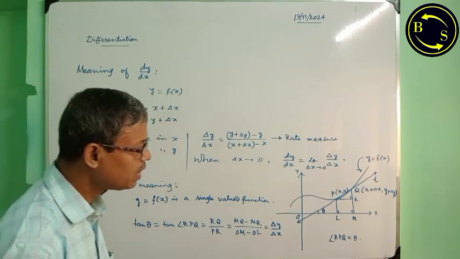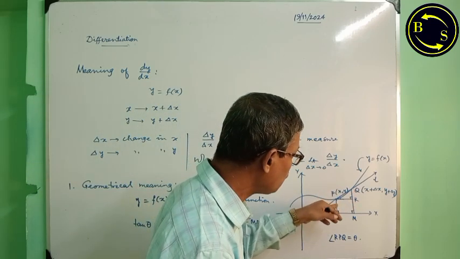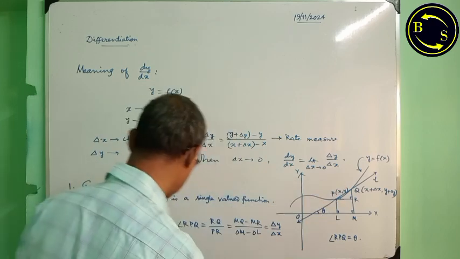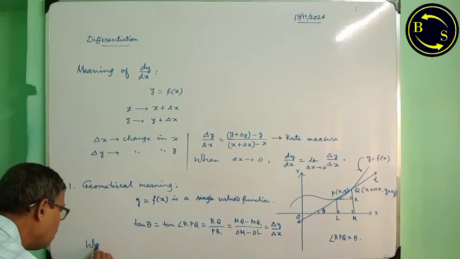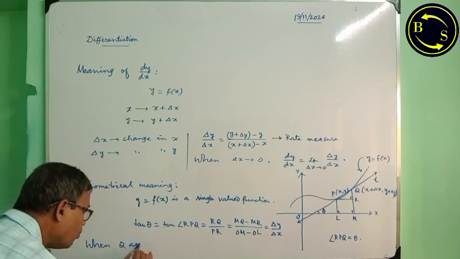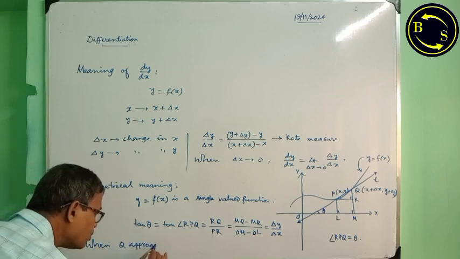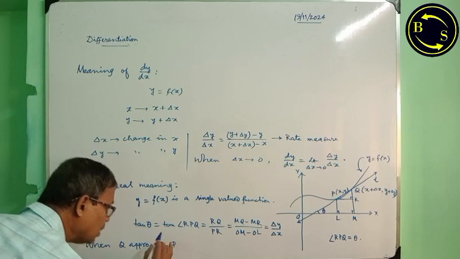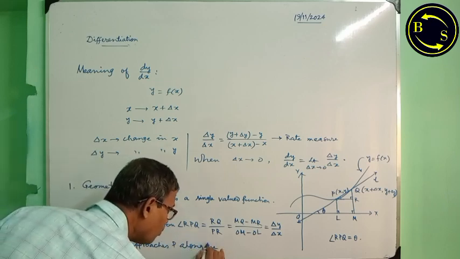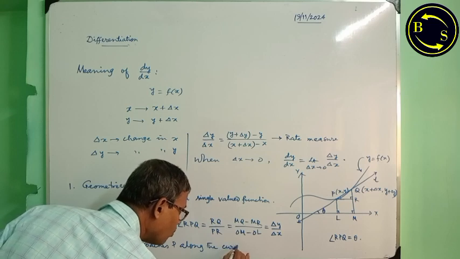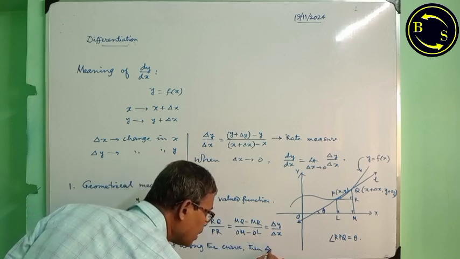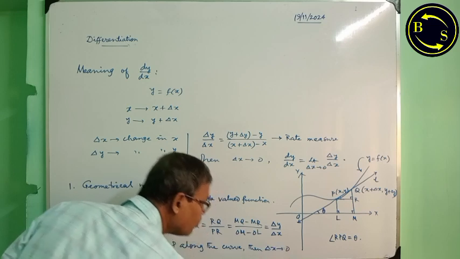Now if Q approaches P along the curve, then delta x tends to 0.